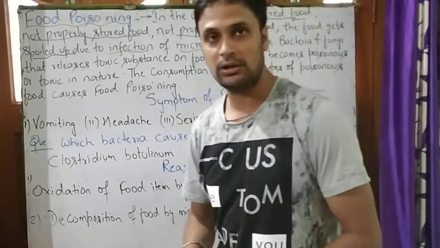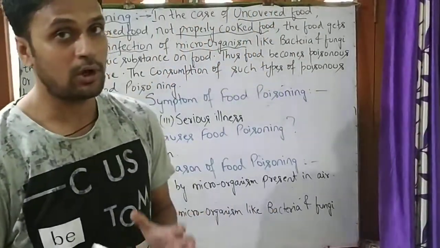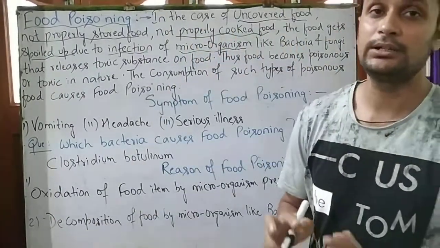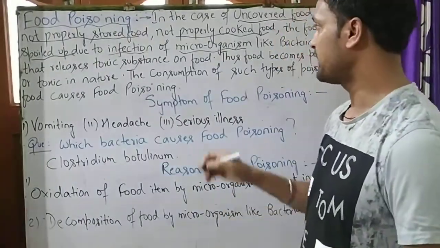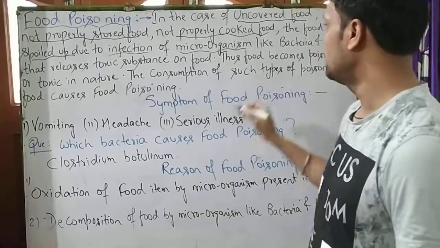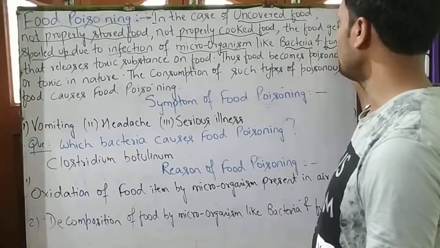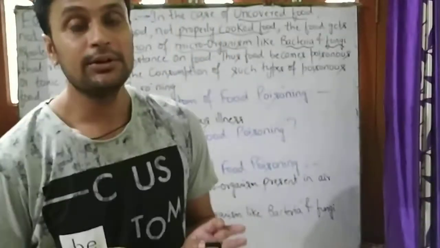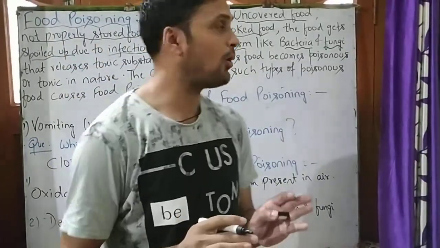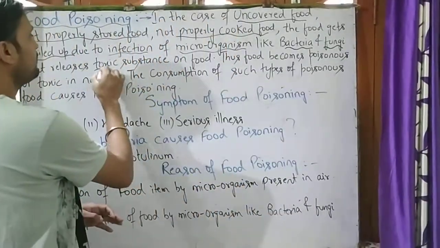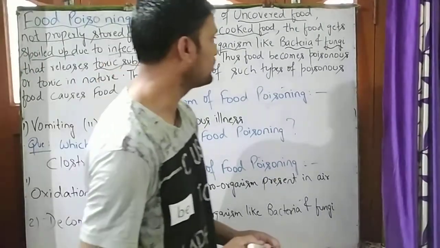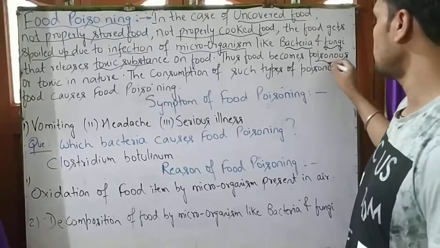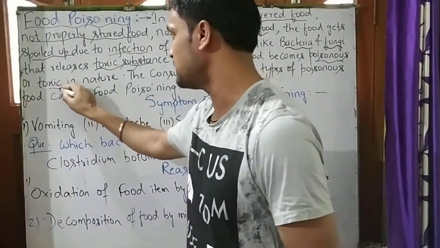When the food is not covered, not cooked properly, or not stored properly, it is infected by microorganisms like bacteria or fungi. These bacteria and fungi release toxic or poisonous substances on the food, and thus the food becomes poisonous or toxic in nature.